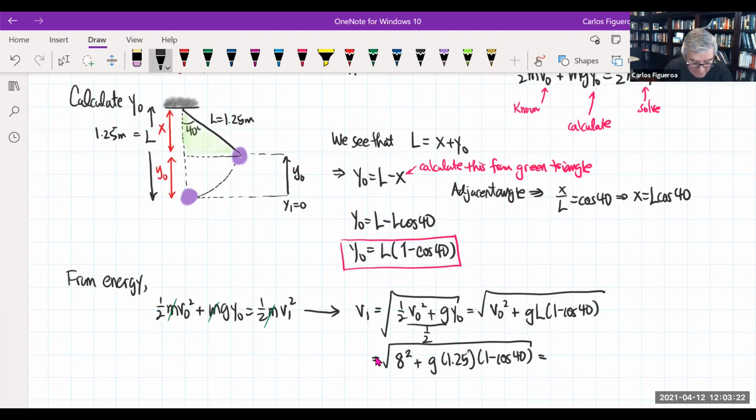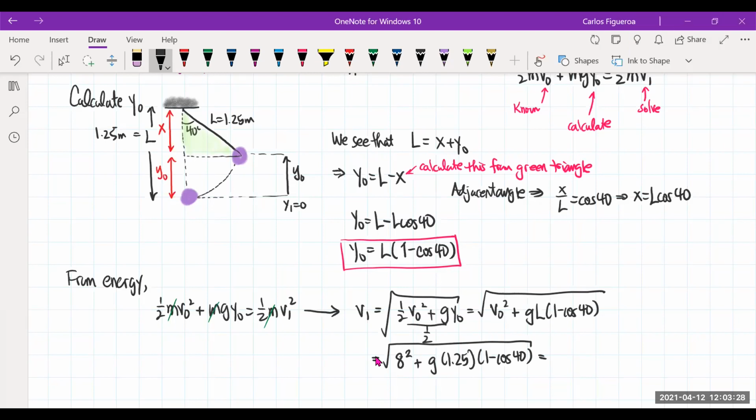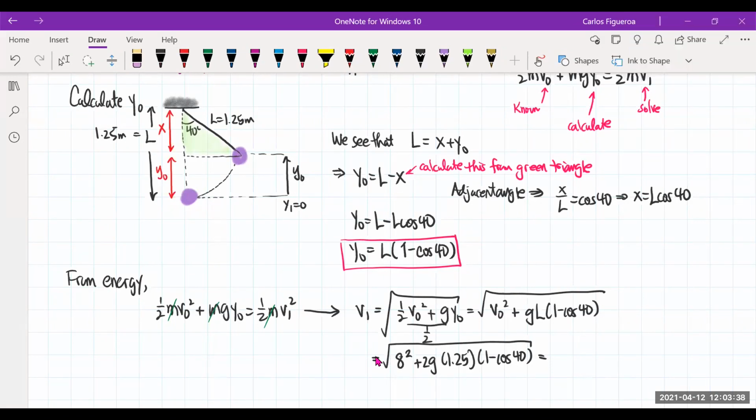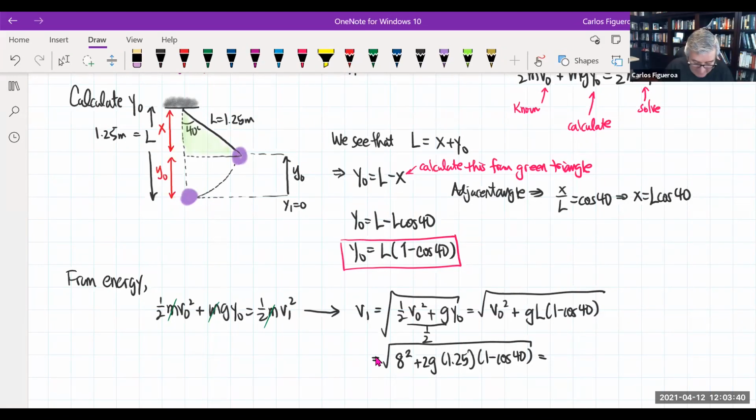I have an error someplace. Carlos, shouldn't there be a 1/2 in front of the v naught in the denominator? Yeah, I actually brought the 2 up, but the 2 should be right here. Thank you. Okay. Yeah, it should be right there.